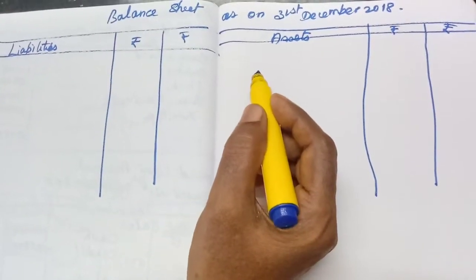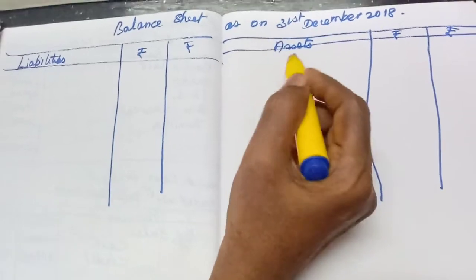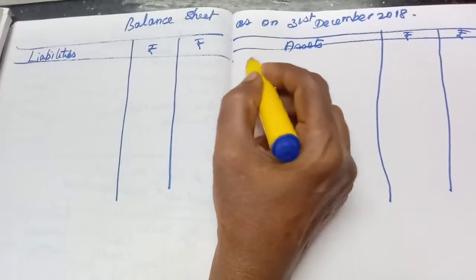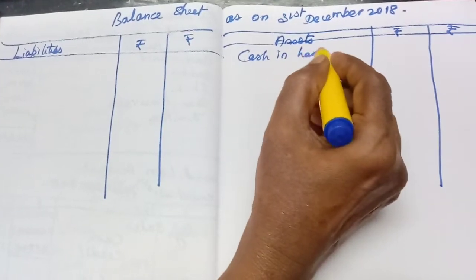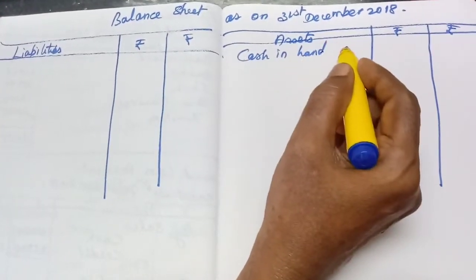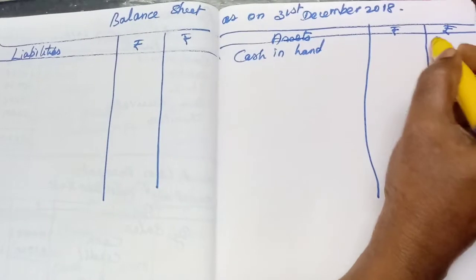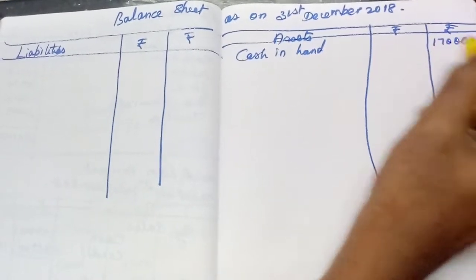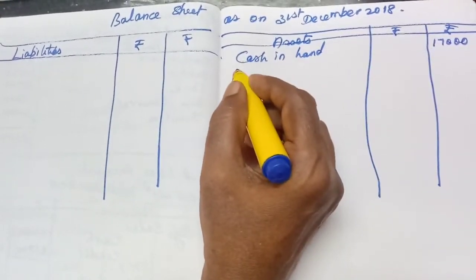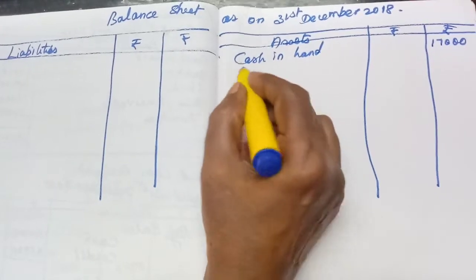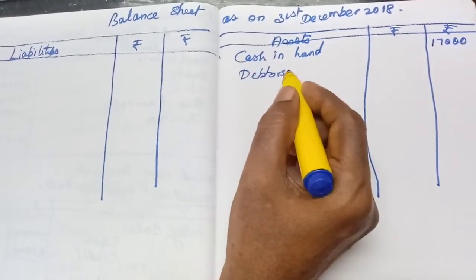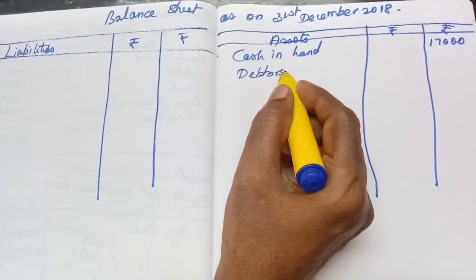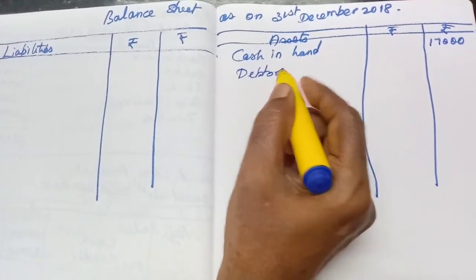First, as we did in the opening statement of affairs, first item will be cash in hand, current asset. First cash in hand, then cash at bank, sundry debtors, bills receivable. Okay, cash in hand is given as 70,000. Then next item, debtors. From the problem you have to see. Debtors how much given? 60,000.